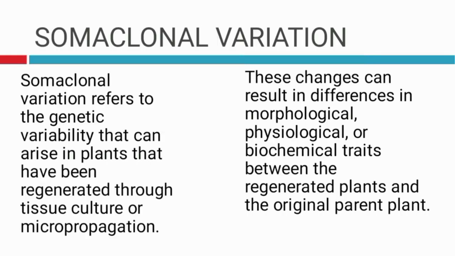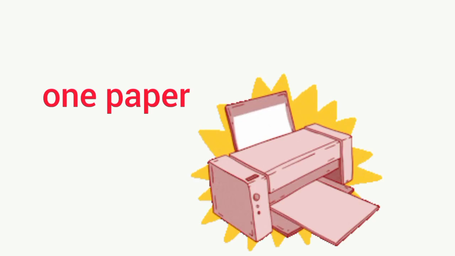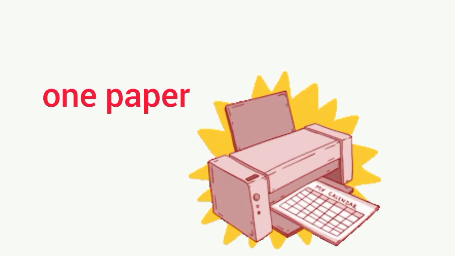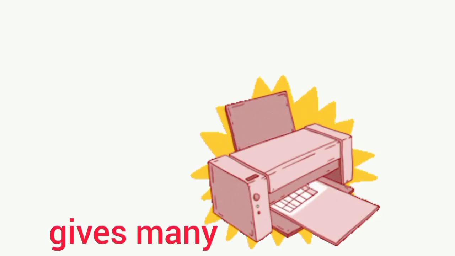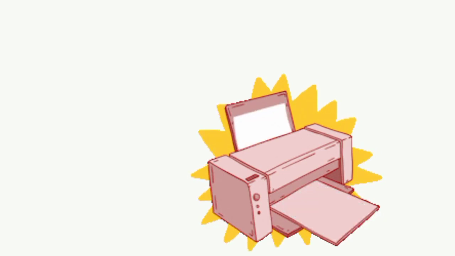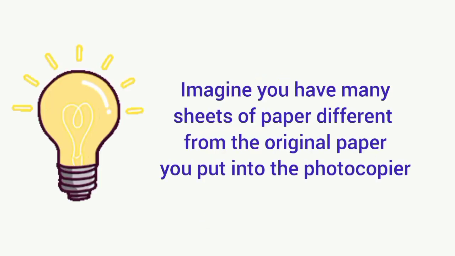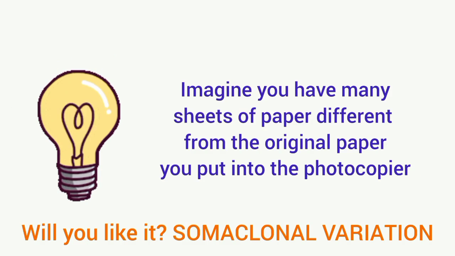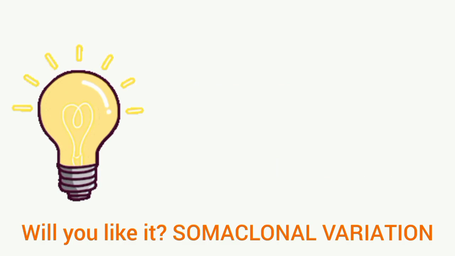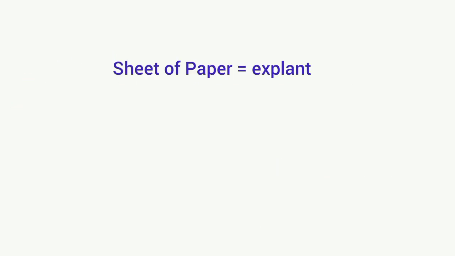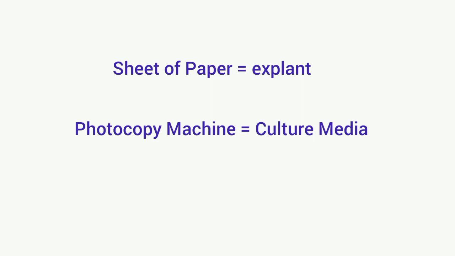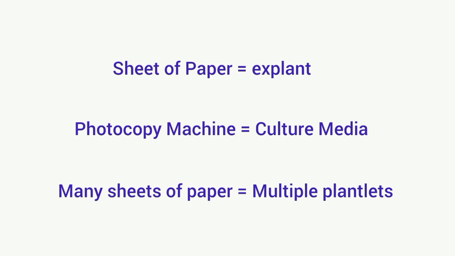The beauty about tissue culture is that it's just like a photocopy machine. You place one particular paper into the machine and it can produce millions of copies for you, depending on how many you want. It's the same thing with tissue culture. You have your explants, you place them into a culture media, and you can generate millions of copies from that particular explant.